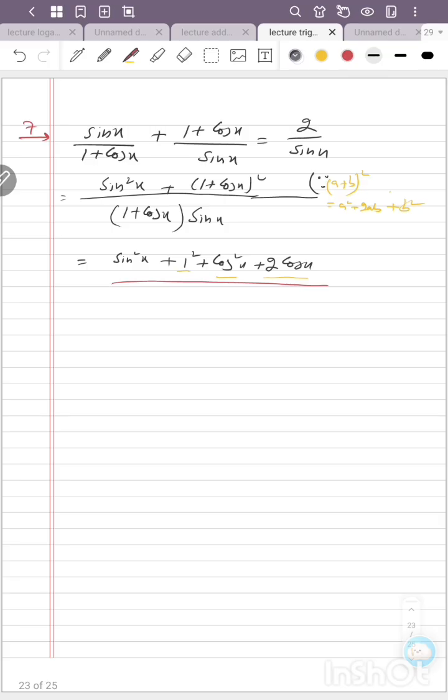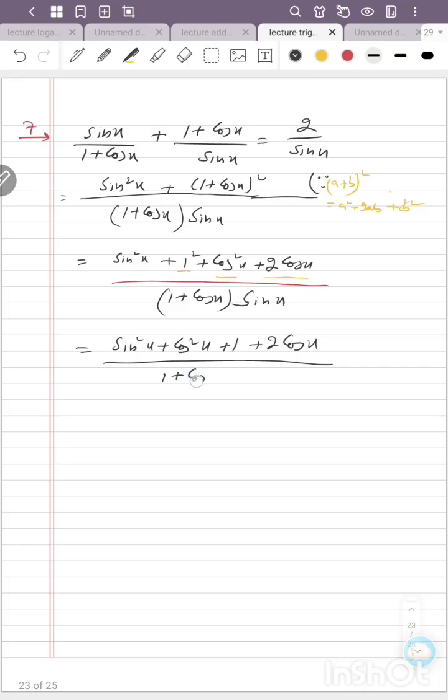Now, over 1 plus cos x times sin x, sin square plus cos square will be 1. We have to know that sin square plus cos square will be 1.